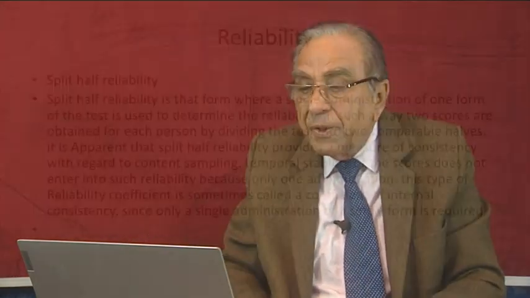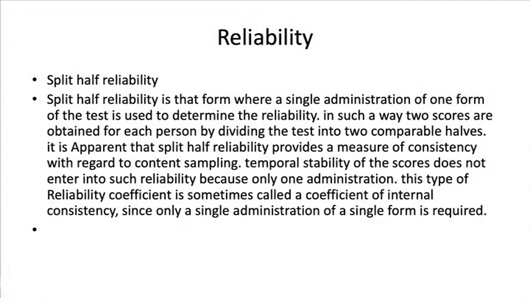Come to the alternate: immediate alternate, single administration of two tests, form A and form B; delayed, double administration of the double test, form A and form B. But this is the reliability where single administration of a single test is used. So this reliability is very, very important, and most of the authors and test constructors calculate this reliability and mention it in their manual.